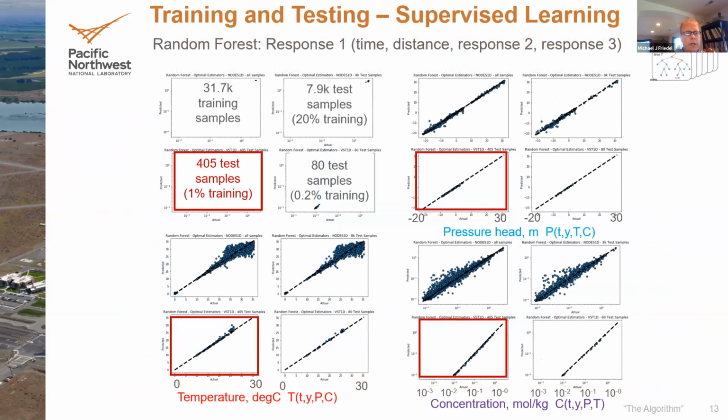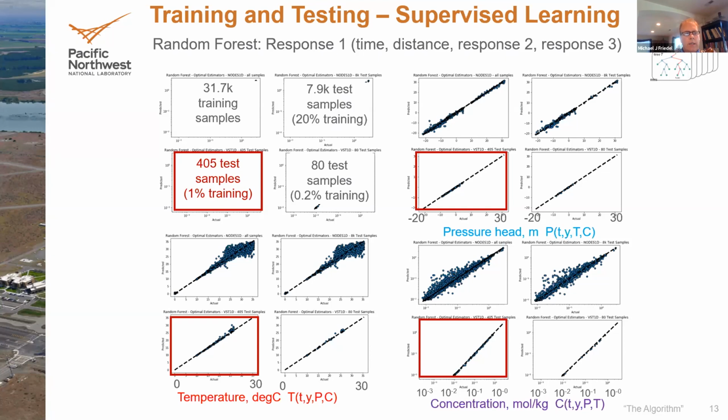This figure shows training and testing of the supervised random forest machine learning model. The 4 panels in each quadrant indicate testing on the full training set and various random splits, including 20%, 1%, and 0.2%. The upper right quadrant reveals unbiased independent predictions of pressure head as a function of time, distance, temperature, and concentration.